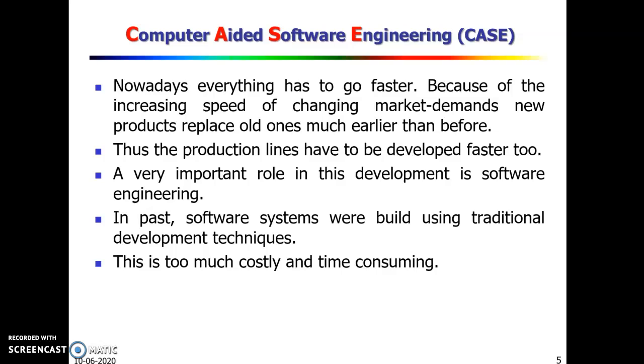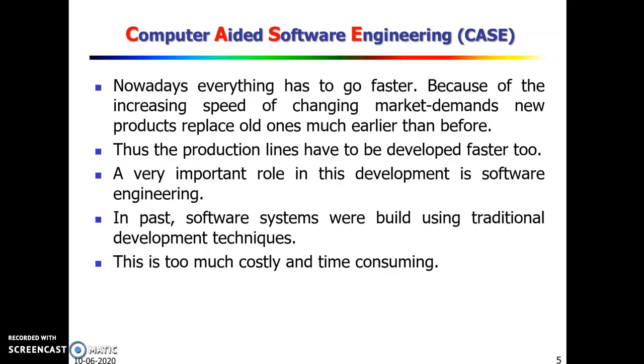Nowadays, everything has to go faster because of the increasing speed of changing market demand. New products replace old ones much earlier than before. Thus, the production line has to be developed faster. So, a very important role in the development is software engineering.